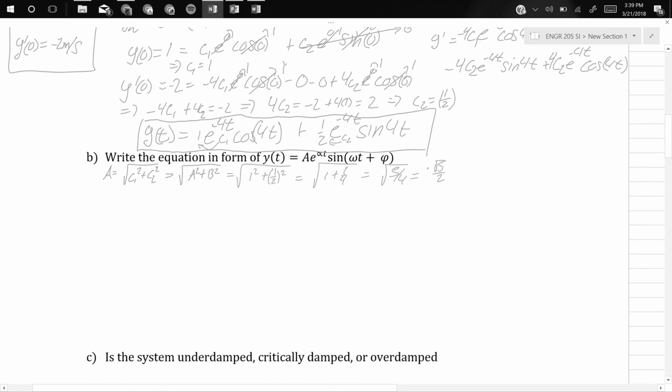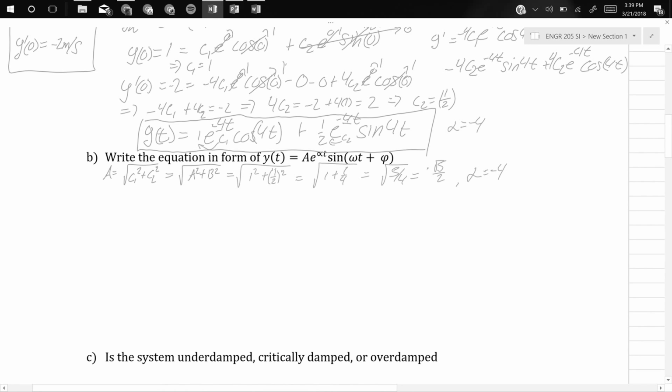So that's my A. Now my e to the alpha t is basically just my e to the negative 4t. The alpha just transfers over, so alpha equals negative 4.